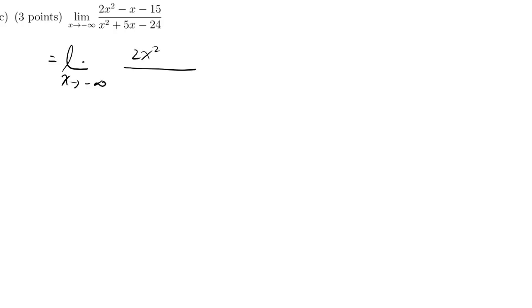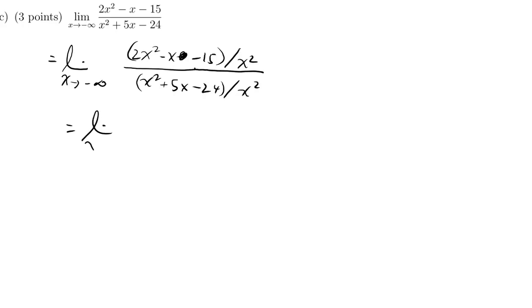So you divide by x squared from the top, and also x squared plus 5x minus 24. You also divide this by x squared. Okay. Then this gives you, let's see, negative infinity.